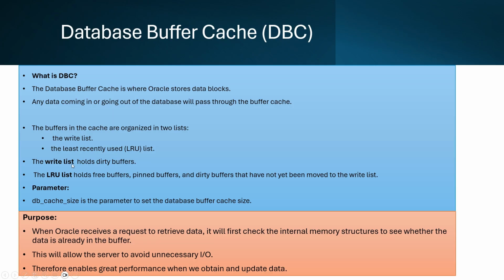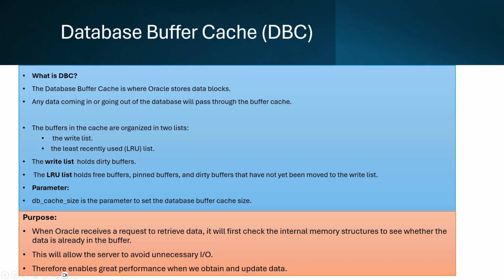Whenever there is an update or change to your data, first it will be in the LRU list, and from there it will move to the write list. When there is data in the write list, that information will move to the data file with the help of the data writer.